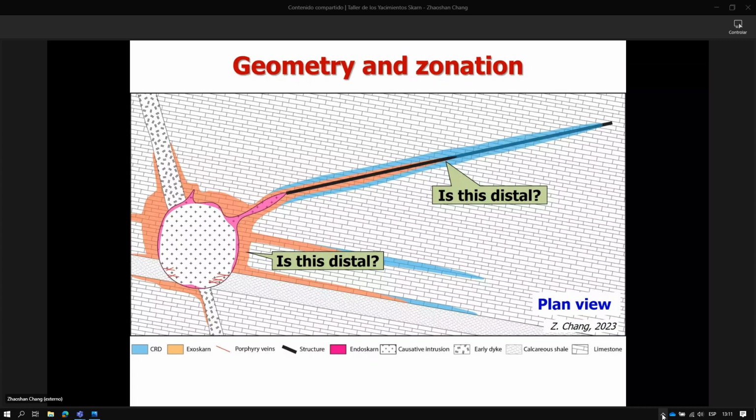And in zone 2, we can have garnet more than pyroxene, then pyroxene more than garnet, and then wollastonite. So zone 2 has its own zoning. It's not just one zone. There are subzones. And the garnet color changes from red to brown to yellow-green. So you go from here to here, that's the garnet color.